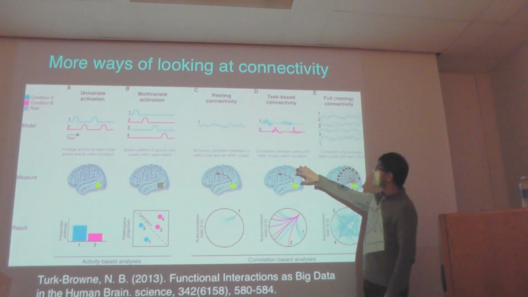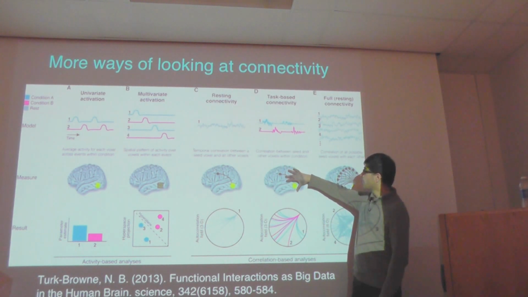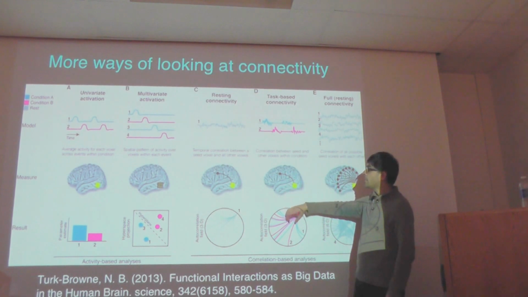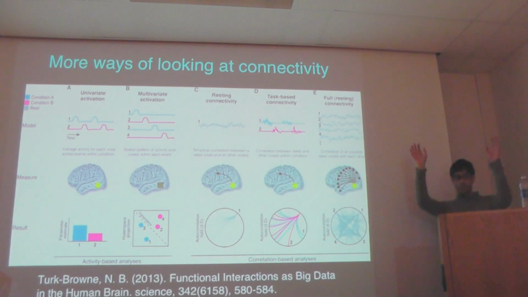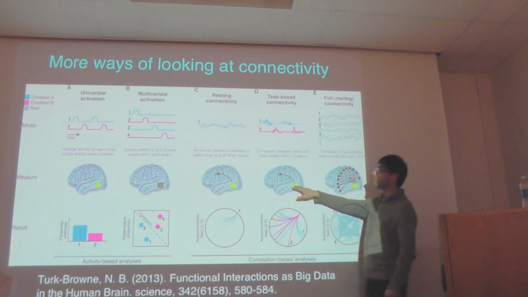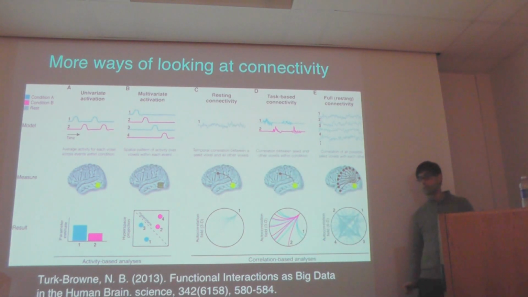If someone's actually doing a task and two voxels are both activated by the task, that's going to make them correlated with each other, because they're both being kicked up when the task is on and going down again when it's off. That's a type of correlation, but it doesn't necessarily mean these things are actually talking to each other. It just means they're both being driven by the external stimuli.